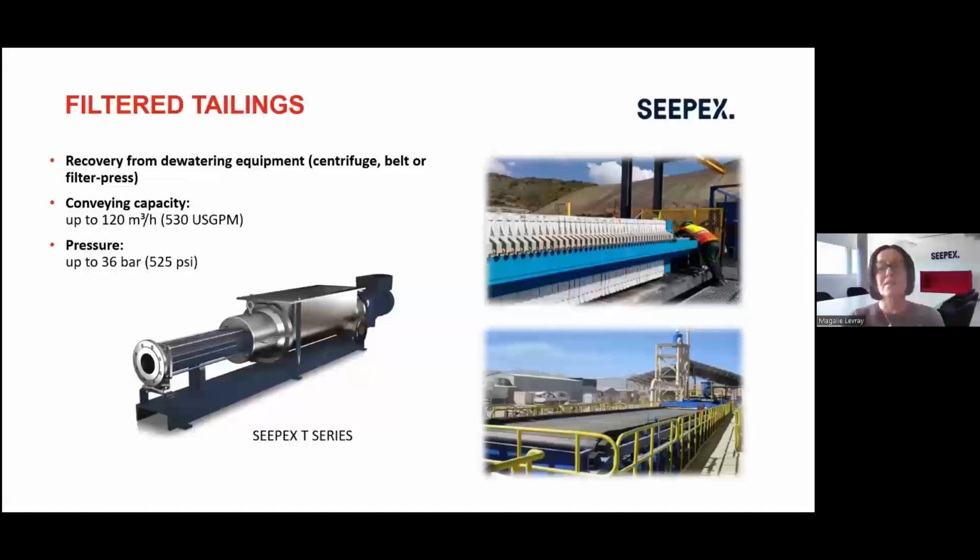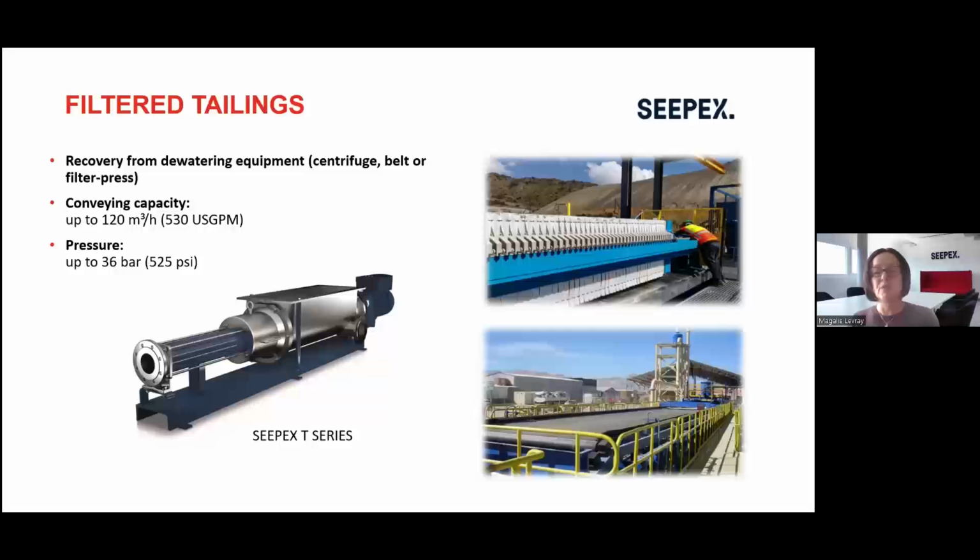Another application that is increasingly popular at the moment is tailings. We've seen an example on gold tailings where we replaced the piston pump and centrifugal pump with a standard BN pump, and that was on thickened tailings.